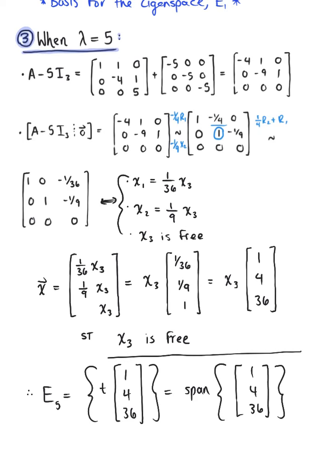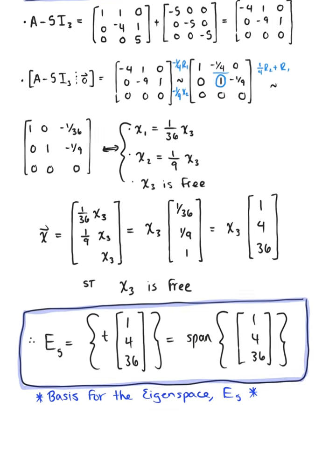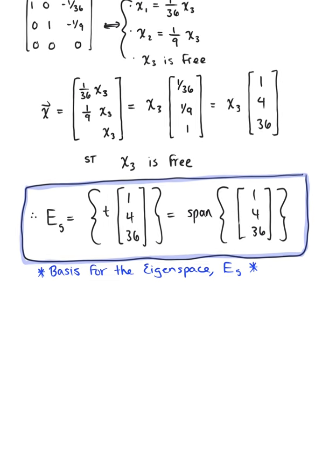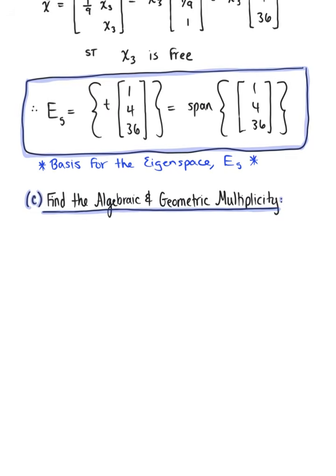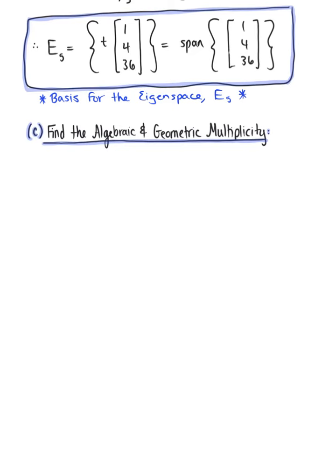So this is the basis for the eigenspace. So this completes part B, and we are now ready for part C, where we are being asked to find the algebraic and geometric multiplicity of each eigenvalue.